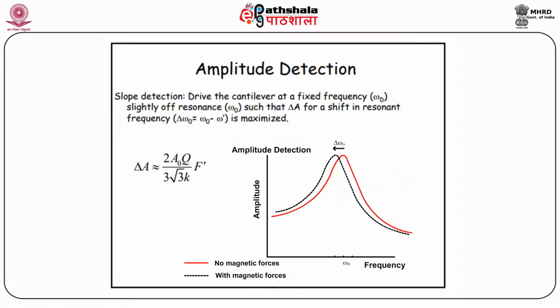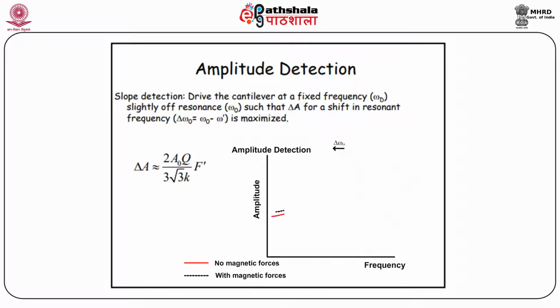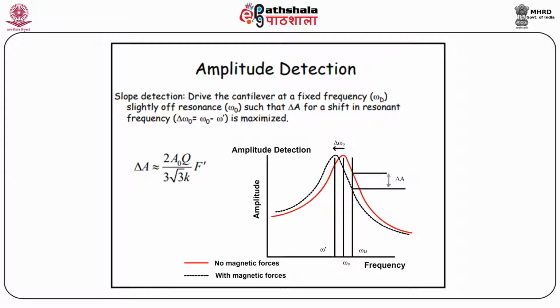Slope detection here means you drive the cantilever at a fixed frequency, ω0, slightly off resonance, such that ΔA for a shift in resonant frequency, which will be ω0 minus ω', is maximized. This can be calculated with the help of a mathematical relation which has been given here.